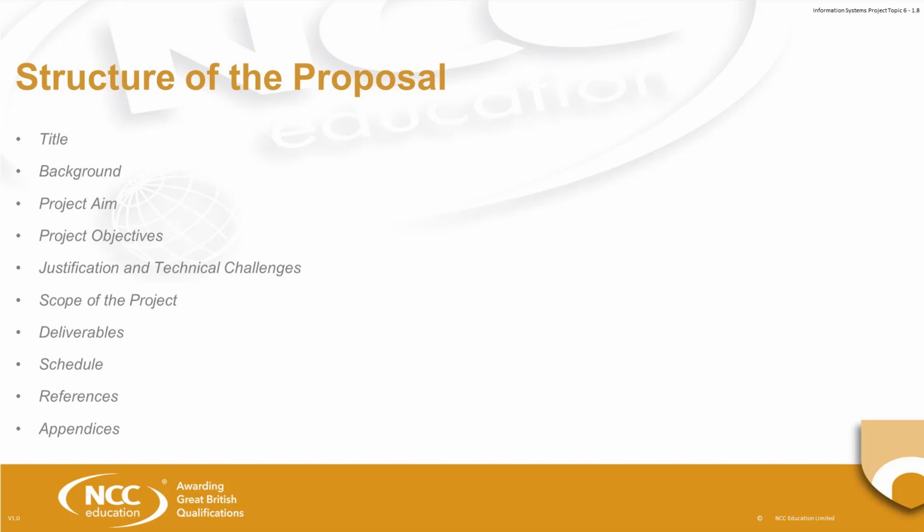You cannot achieve everything that you want to build in the time that you've got, so you're going to have to limit it and decide what it is that actually does fulfill your aim and objectives out of that system that you're investigating. So this scope of the project is related to your use case diagram.